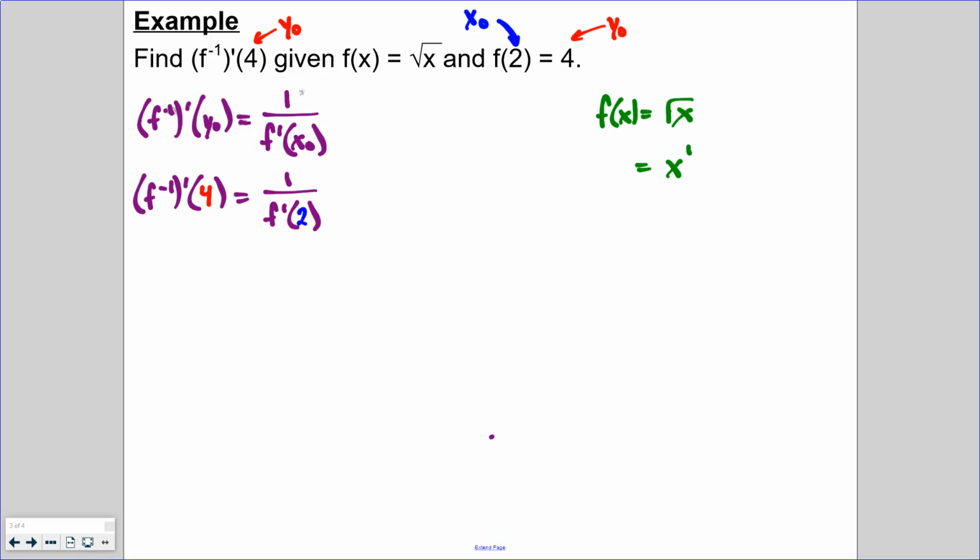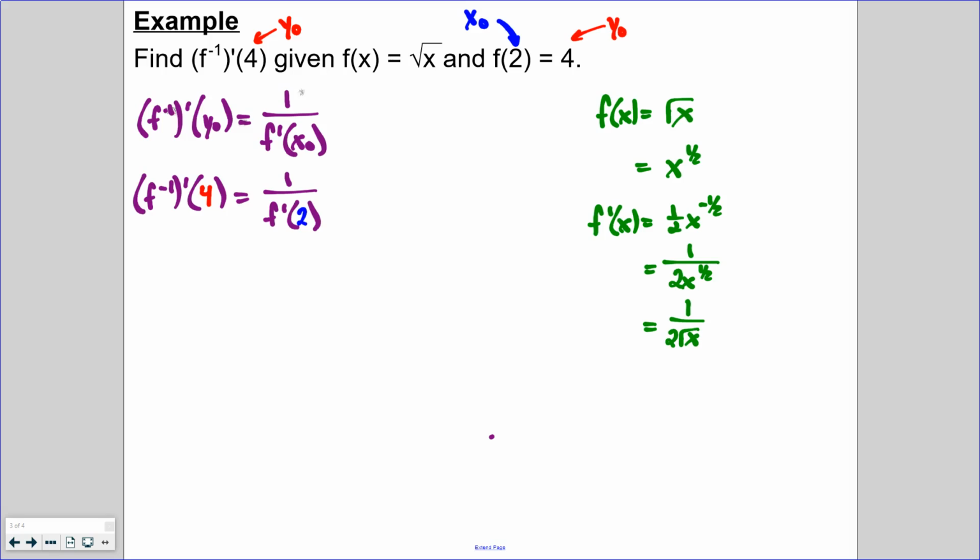So we rewrite this as x to the 1/2 power, and use the power rule to find the derivative, meaning f prime of x is 1/2 x to the negative 1/2 power. Just like before, we want to get rid of that negative fractional exponent because we want to substitute in a specific x value. So we can rewrite this as 1 over 2x to the positive 1/2 power, or 1 over 2 radical x.